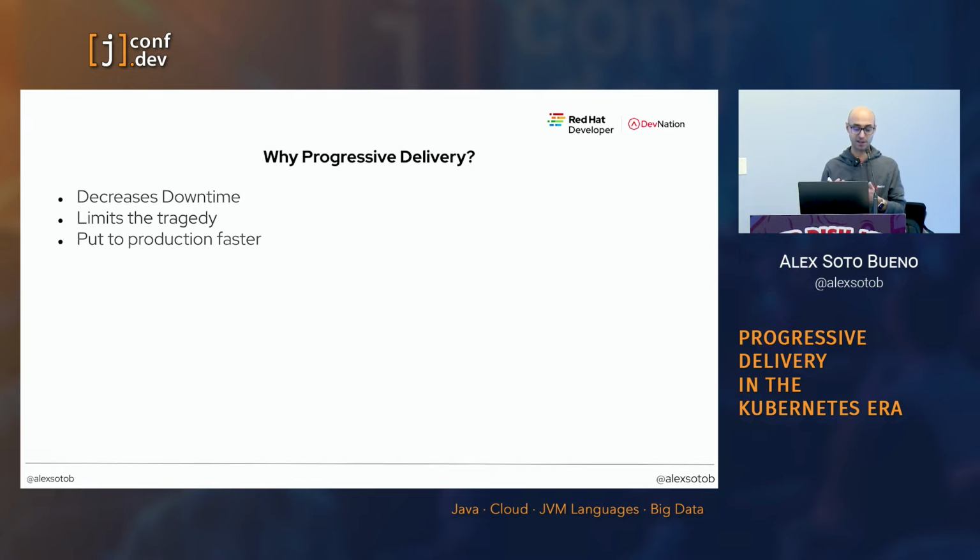Thanks to these strategies, we are decreasing the downtime in case of an error. So if you've got a regression and everything goes down, it will only affect this small portion of your traffic, this subset of users. So you're limiting the tragedy.